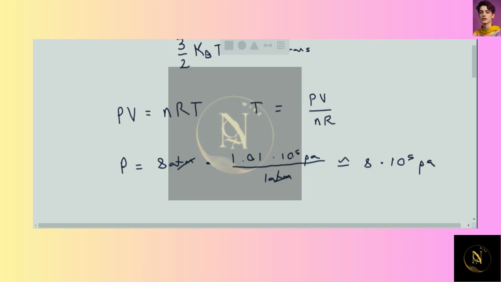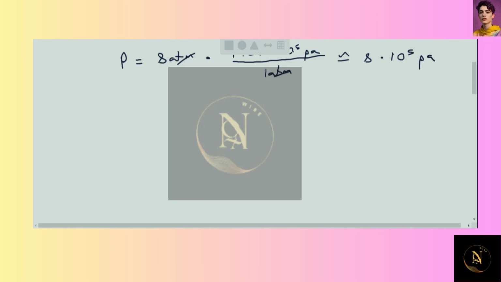And then for the volume, we should recall that 1 liter is equal to about 0.001 meters cubed, so the volume is exactly 0.005 meters cubed.